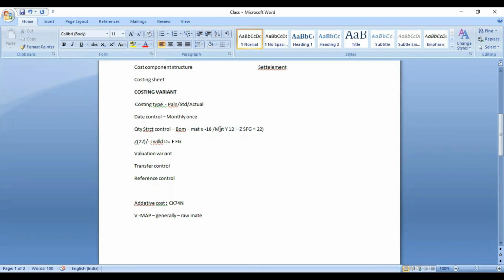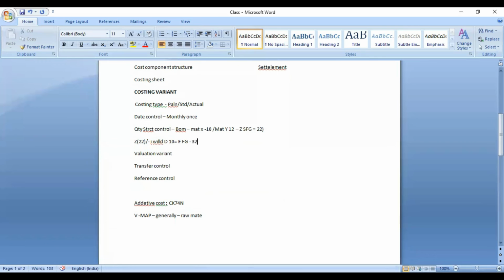To reach that functionality, I need to use the moving average price only. And on the material master, I will select a checkbox, roll up of the cost to the next higher level material. This Z plus another D will go to the F.